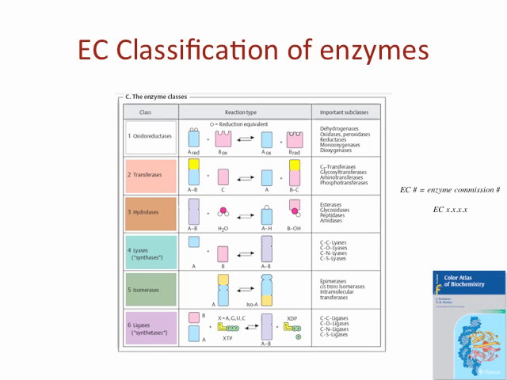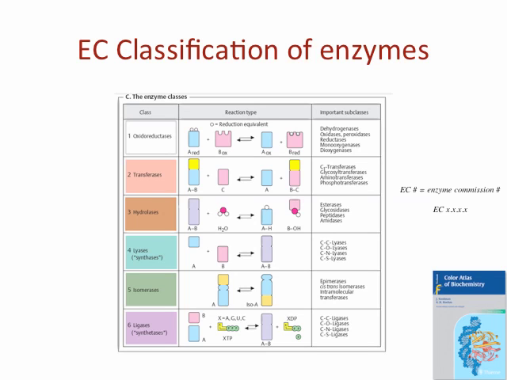So the first class is an oxidoreductase that carries out the exchange of a redox equivalent between a blue and a pinkish molecule, as shown. Transferases take a chemical moiety, here shown in yellow, and transfer it between 2 other groups, A in blue and C in pink, as shown in the second row in this table.